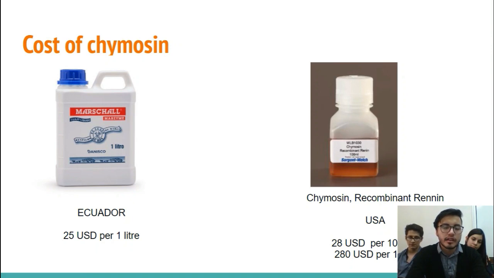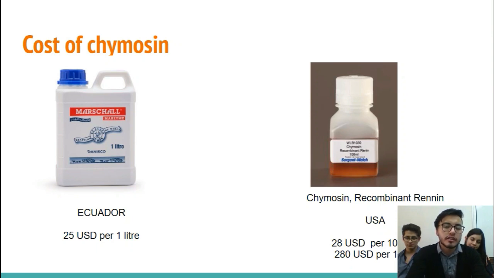So in the end, let's remember, the right one produces 100 liters of curd by using only 1 milliliter, and the left one uses 5 milliliters to produce 5 liters. It was not 75 liters. So it's a lot of difference.